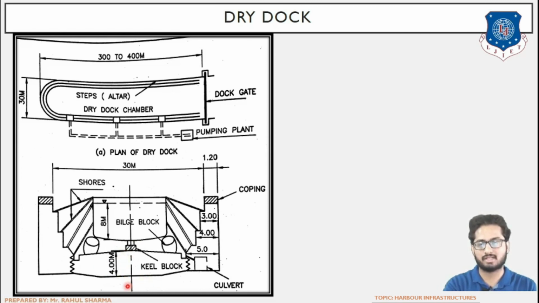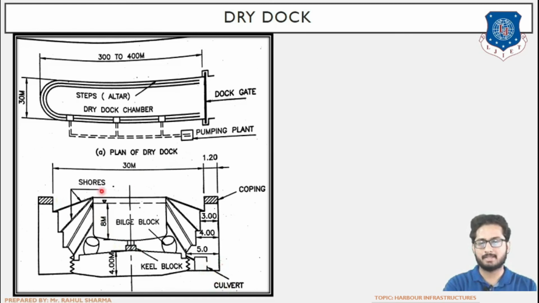So that is the thickness. 8 meter sort of represents the height of the body of the ship. And last is the culvert. Culvert is basically for the removal of water. So as we have discussed the pumping operation, culvert is for the removal of water.